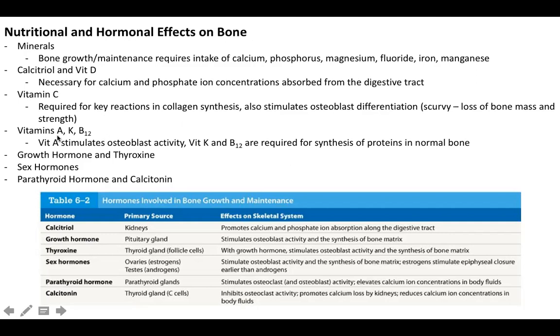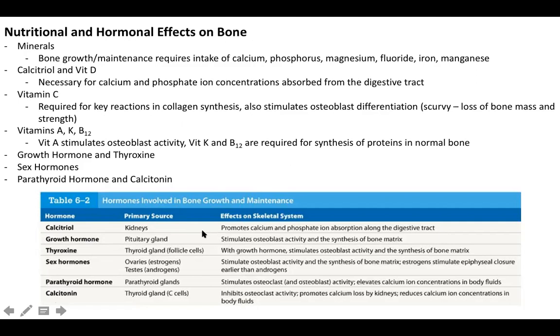And then we also have vitamins A, K, and B12. Vitamin A stimulates the osteoblasts, so that makes new bone matrix, and vitamin K and B are required for proteins in normal bone. And then we have a table here. Look at this table to see all the effects of these different hormones on the skeletal system.